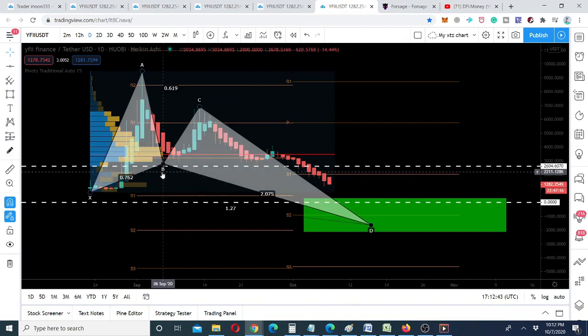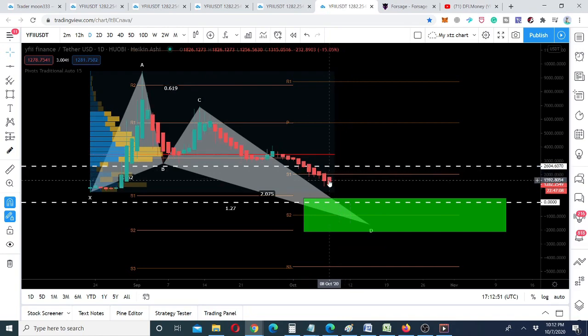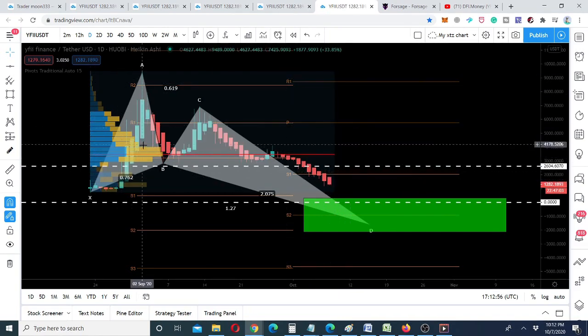Therefore, this is a positive hope that we can expect that maybe the traders will start buying from here and they will pull the price action back to this zone where we have the strong interest of the traders up to this level.